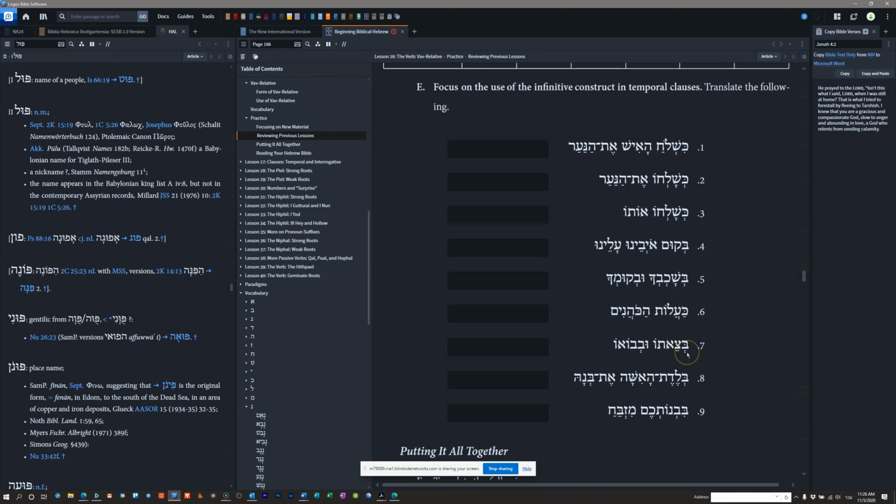Preposition or particle plus perfect. Oh, okay, I see what's happening. Yeah, this has to do with reading the Vayehi or Vehaya just as basically not translating it, just reading it as a time setter.